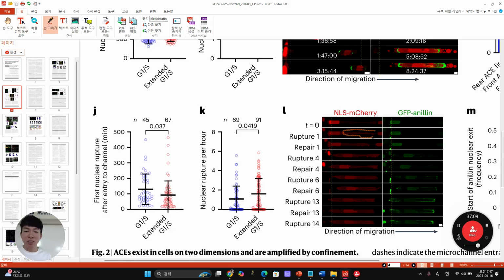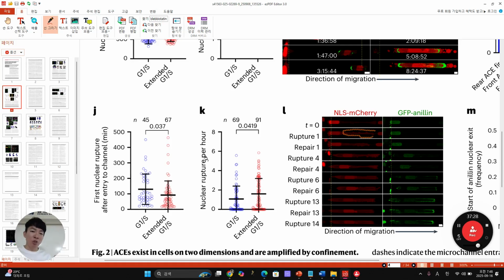So based on this, they can say how long it takes. This time, the extended G1S is less, below 0.05, which means they are fast. They are quickly making nuclear rupture. Why? Their nuclear size is already a little bigger than normal.